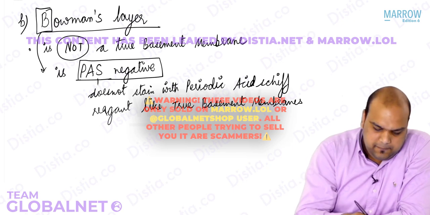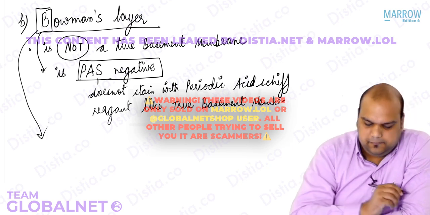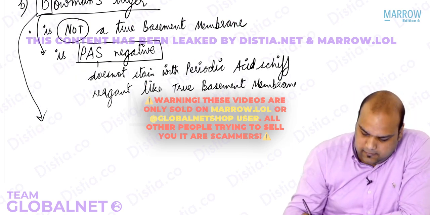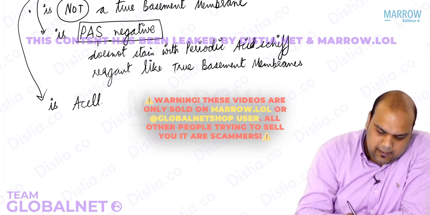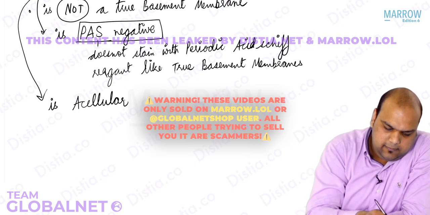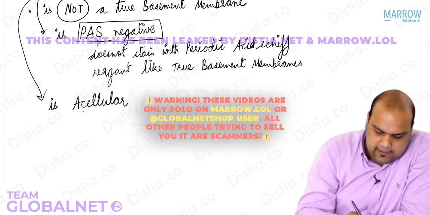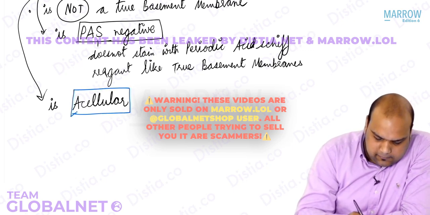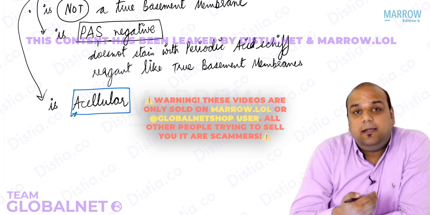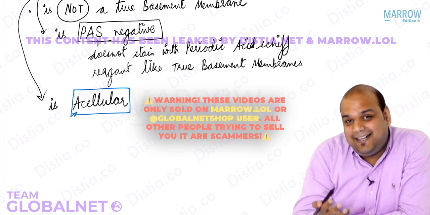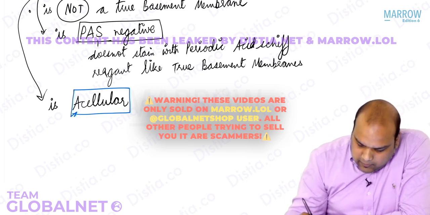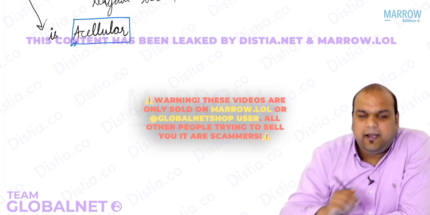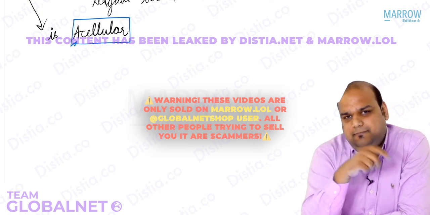Please remember this. Second point is that Bowman's layer is acellular. It does not contain any cells. So now the question comes, what if I have corneal trauma?